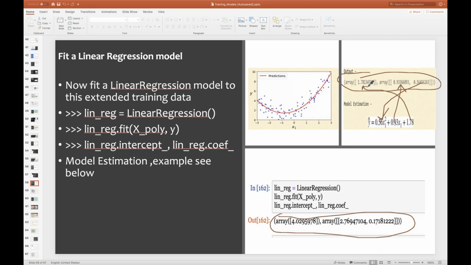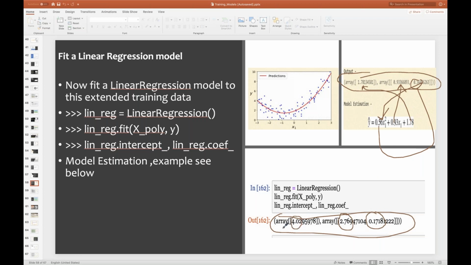Now 0.56 is my a, 0.93 is my b, and 1.978 is c. Considering that example, I can use this one as my a, this one as my b, this one as my c.